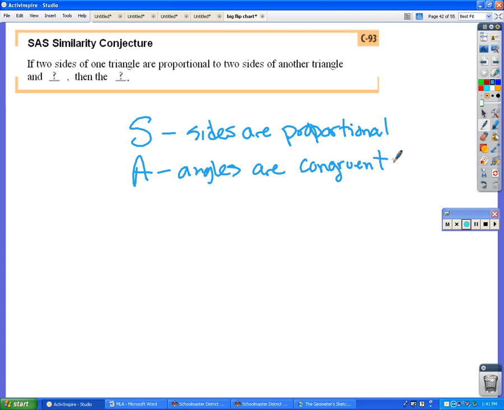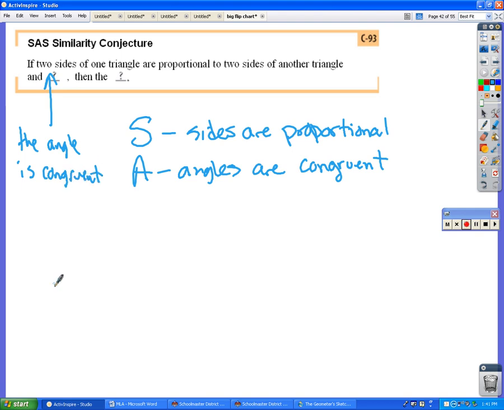So fill in the blanks here. If 2 sides of one triangle are proportional to 2 sides of another triangle, and what goes in the little question mark there? And the angle is, what do you say? Congruent, okay.